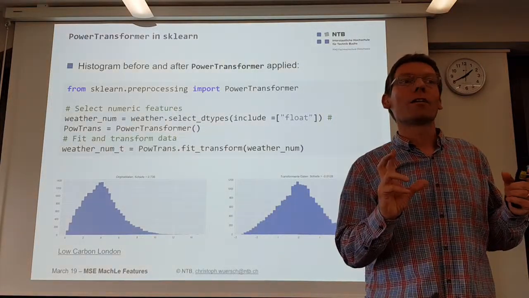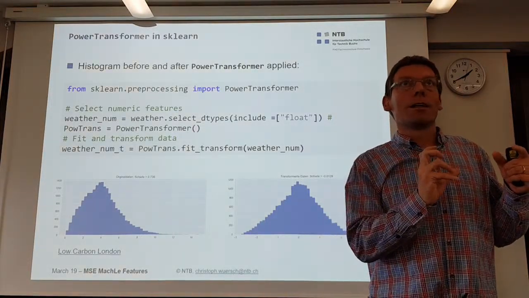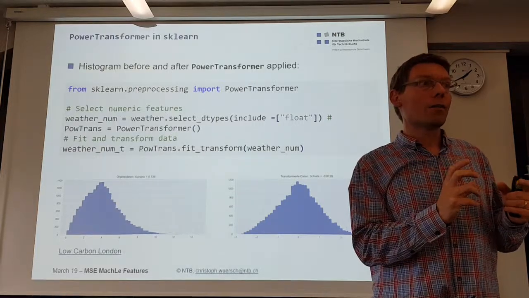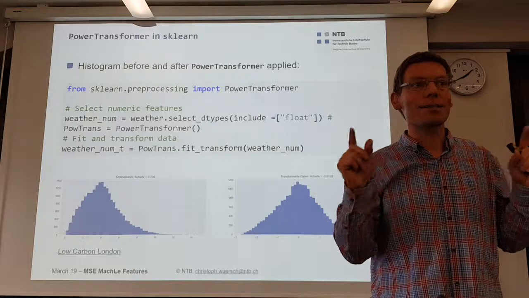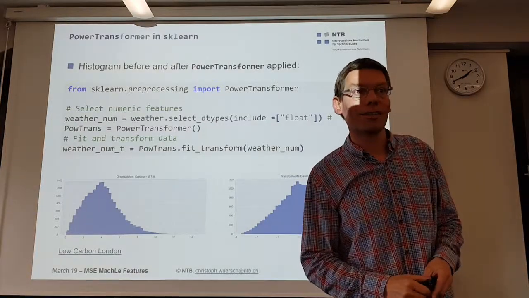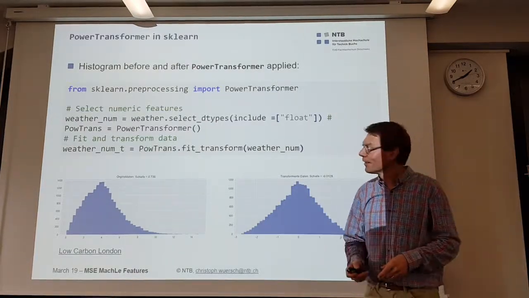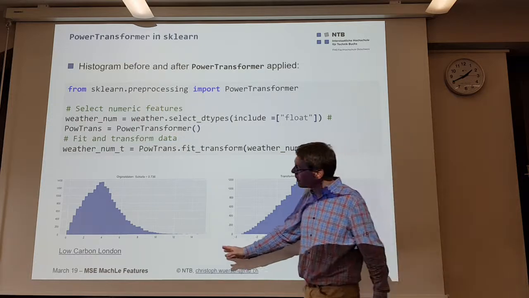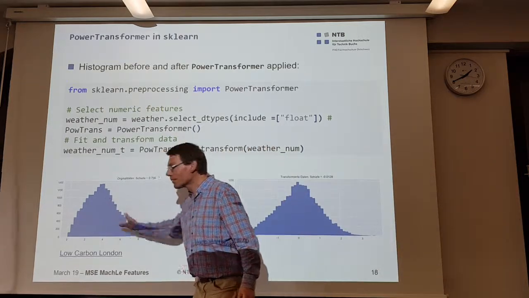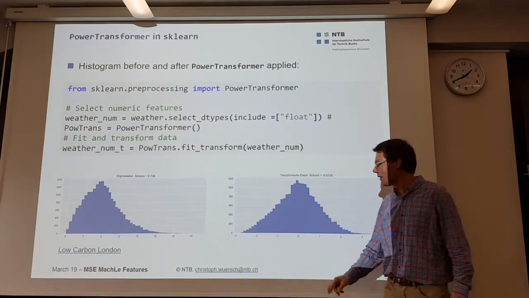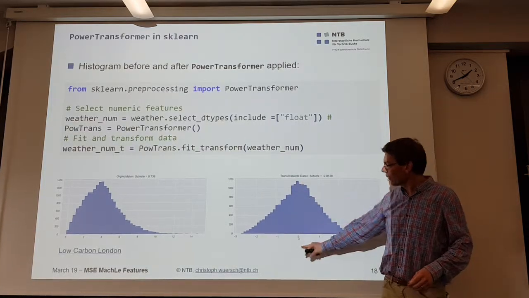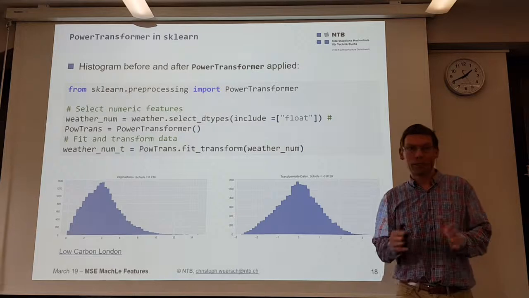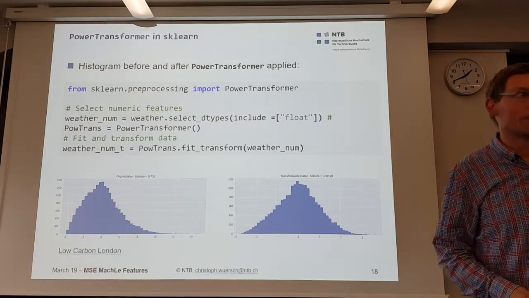And the idea was, can I deduce from the power consumption of a household who lives in it, to which class this family belongs? Is there something like that? And here you see skewed data. It's a long tail on the right side, and after applying the Yeo-Johnson transformation, you get a histogram which is really similar to a normal distribution. This can help.